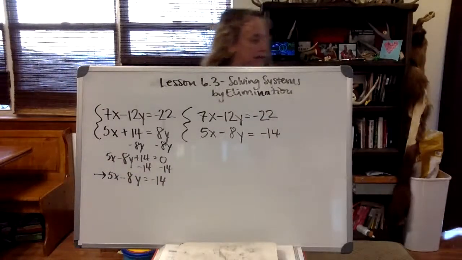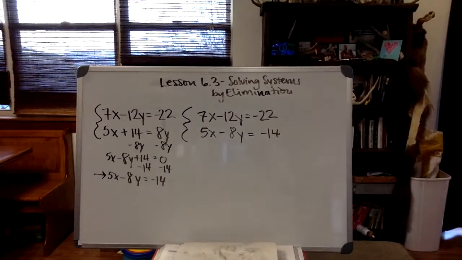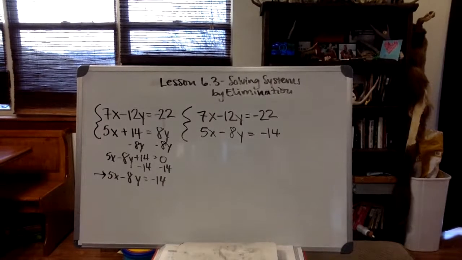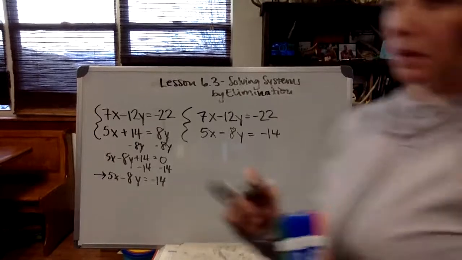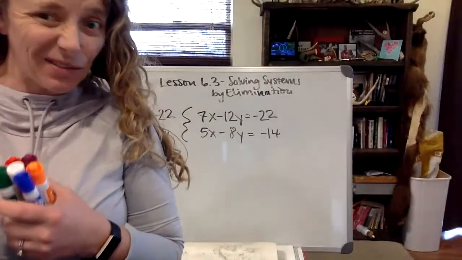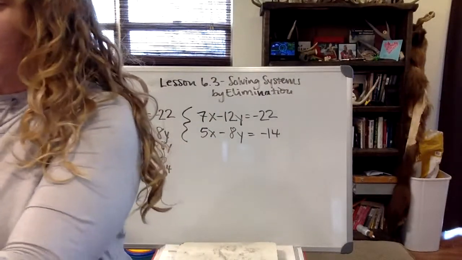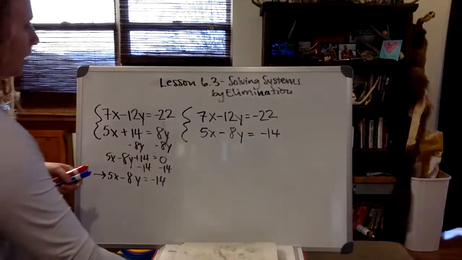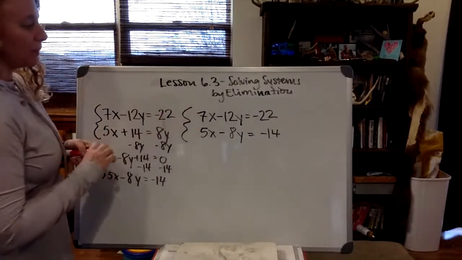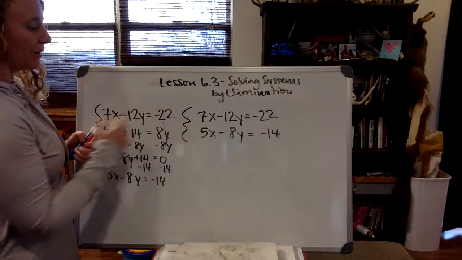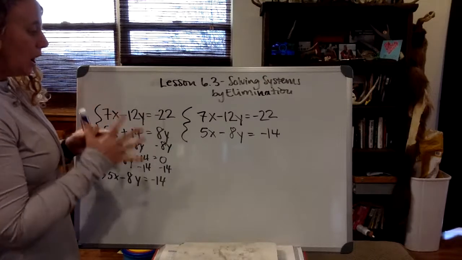As I deal with this, I'm going to try to deal with it with a couple of different colors so that way we can maybe color code this stuff. Let's see if it works. I apologize for not having this already. Here we go. So 7x minus 12y equals -22, and 5x minus 8y equals -14.